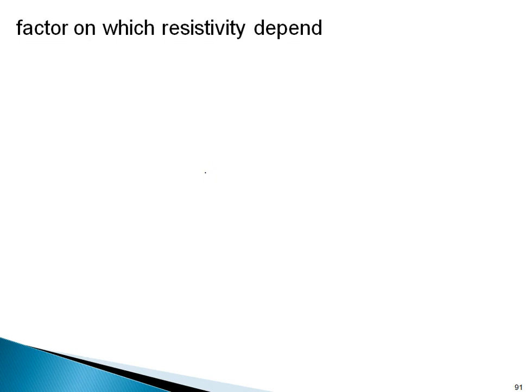Factors on which resistivity depends. We have written the formula R equals rho L by A. But please don't say that resistivity depends on length and area of cross section.